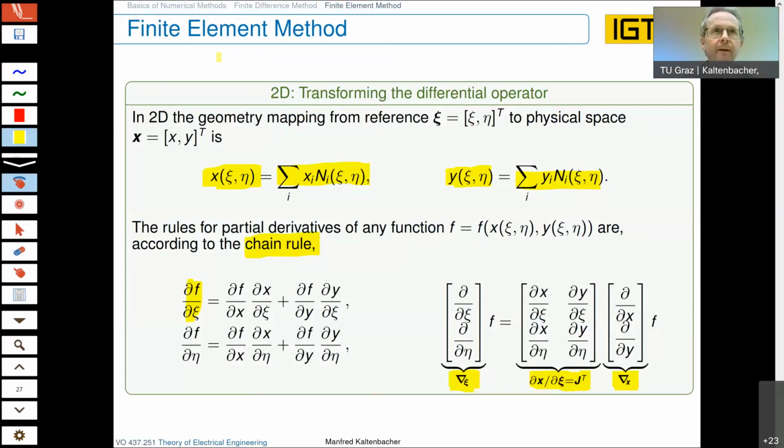So we break down to reference elements. For this, in advance, we know where the optimal integration points are. We know in advance the basis functions. However, don't forget that this Jacobian depends on the global coordinates.